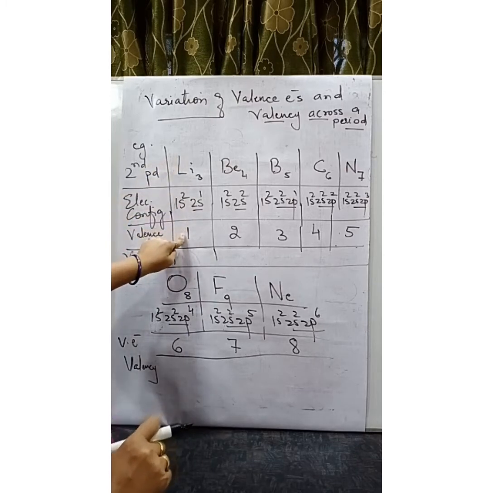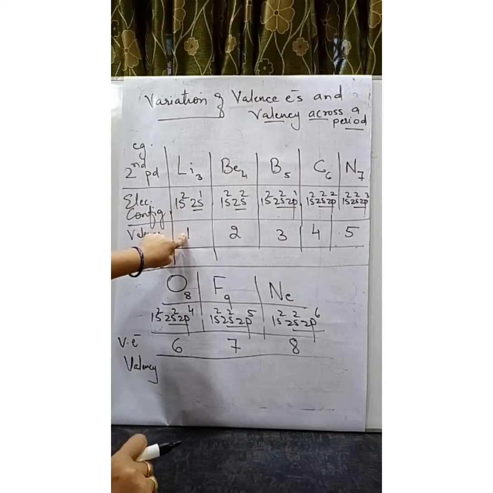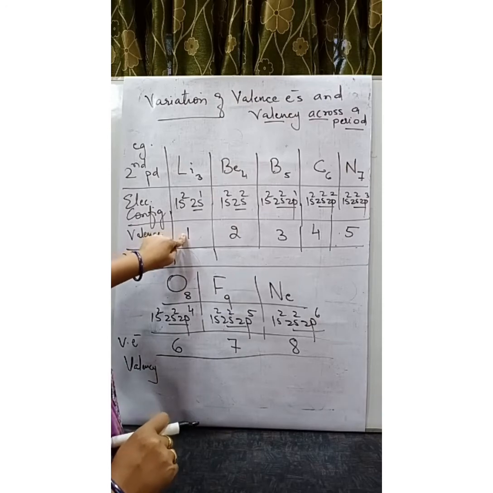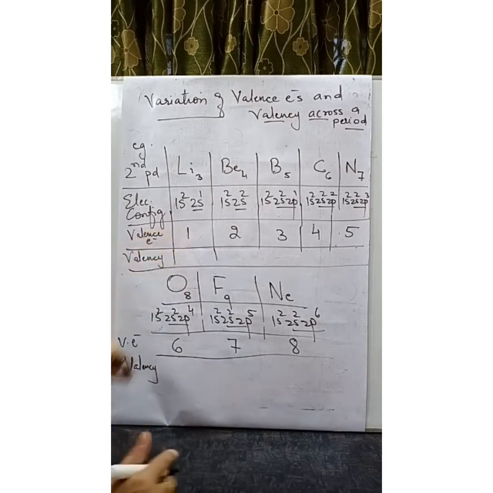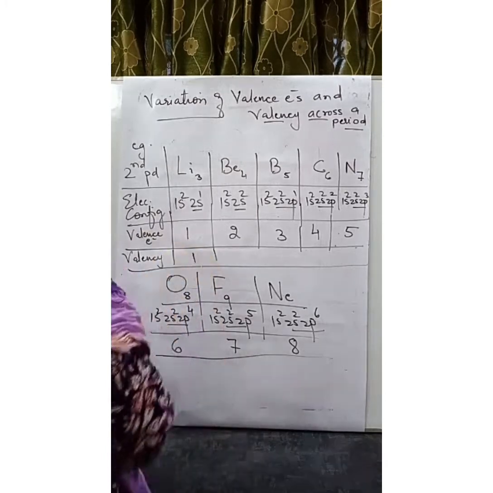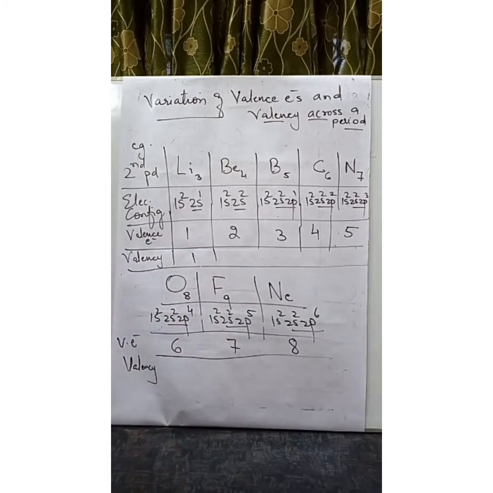Lithium has 1 valence electron. For attaining stability, it can either lose 1 electron or gain 7 electrons. For lithium, gaining 7 electrons is difficult, so it prefers losing 1 electron. So, valency is 1. We don't put plus and minus symbols while writing valency, right?